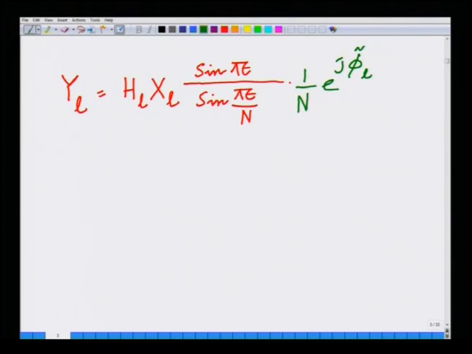Now, again you can verify that if epsilon equals 0, the limit as epsilon tends to 0, this tends to n into 1 by n, which tends to 1.